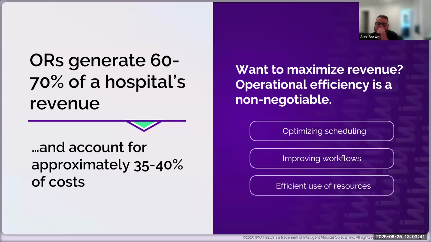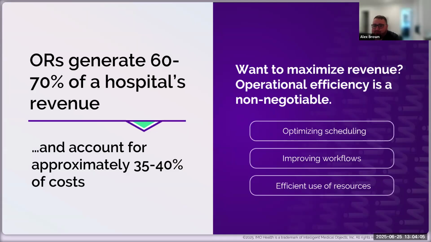So let's dive into it. Why are we talking about surgical revenue cycle? As I'm sure everybody on this call knows, surgical revenue cycle is one of the highest generating areas for most healthcare organizations. Typically, ORs generate about 60 to 70% of a hospital's revenue and also account for about 35 to 40% of costs. So what does that mean for us?